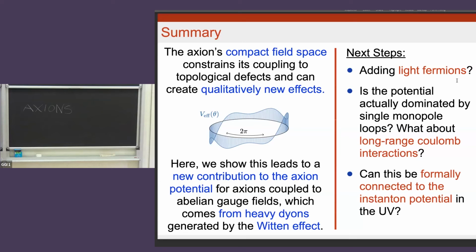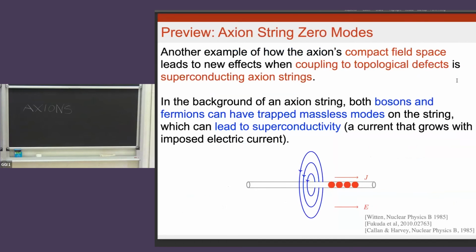And with that done, and this idea here that the axion's compact field space is what gives us these interesting new effects, I want to give a very brief preview of some ongoing work, which is only going to be a couple of slides. Those of you who were here last week probably heard about axion strings. Another example of where you can get these interesting effects is axion strings.